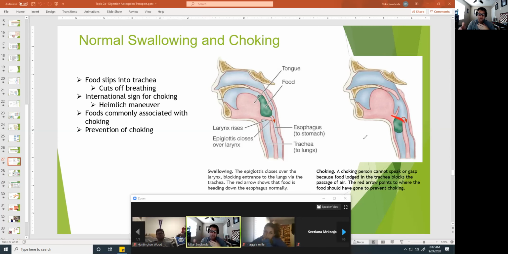All right, we talked about reflux here kind of ad nauseum already. One thing, though, I do want to mention here is the use of antacids and whatnot. Talked about Barrett's esophagus already.